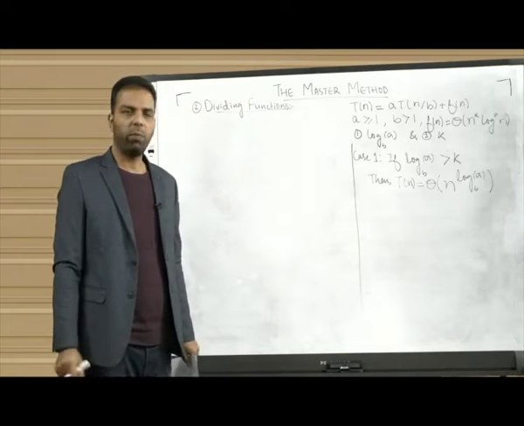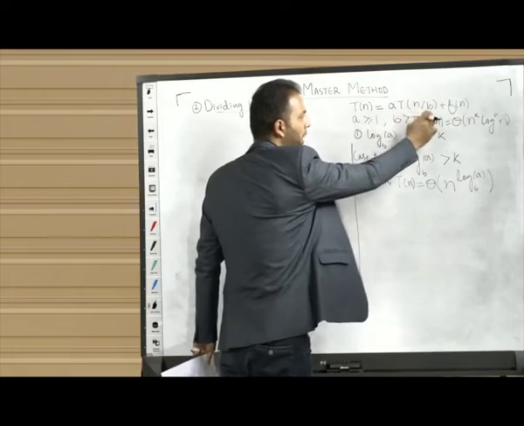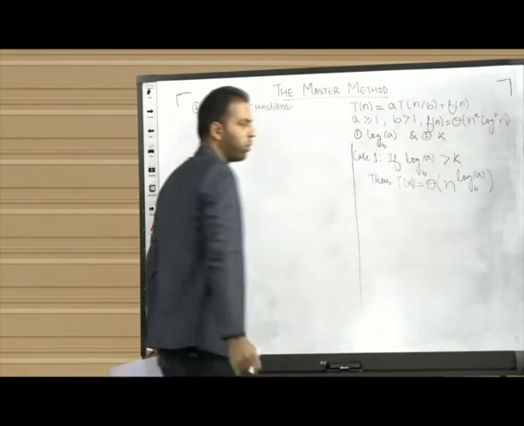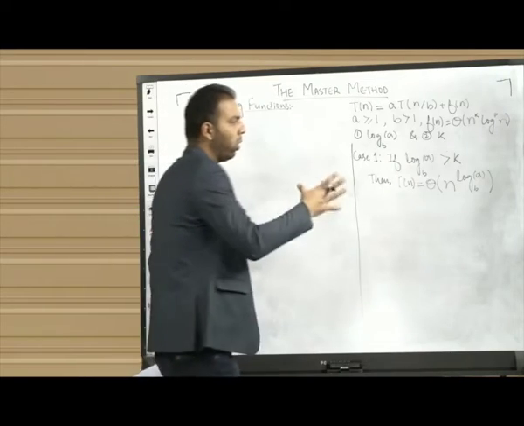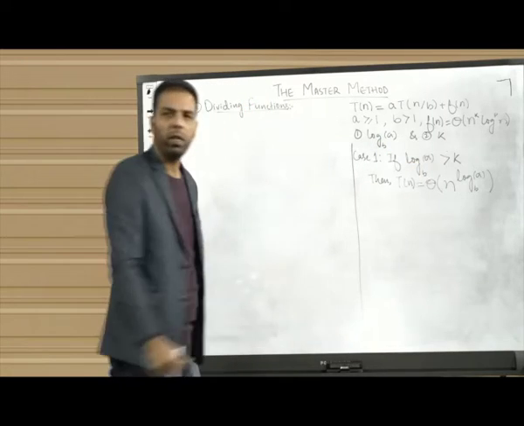So the first case is pretty simple. Whenever this term, log a to the base b, is greater than k, this k in n raised to power k, what will be the order of T of n? It will simply be n raised to power this term, that is log a to the base b.